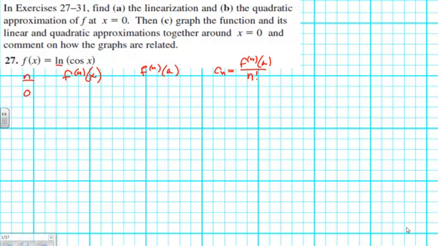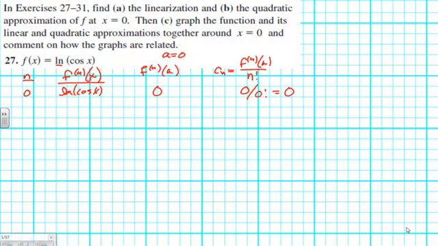Okay, so the zeroth derivative is the function itself. In this case, if a is equal to 0, cosine of 0 is 1. The natural log of 1 is 0. So we get 0 divided by 0 factorial, which is 0.